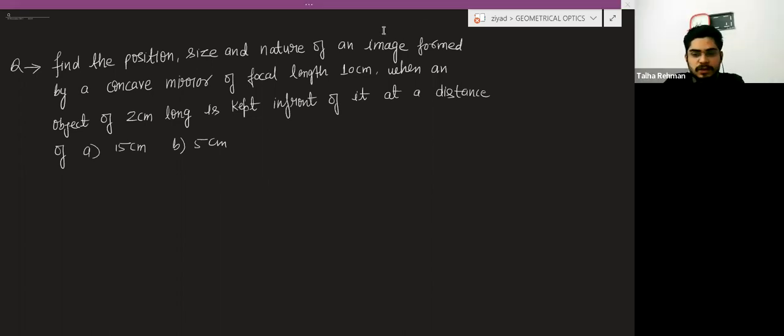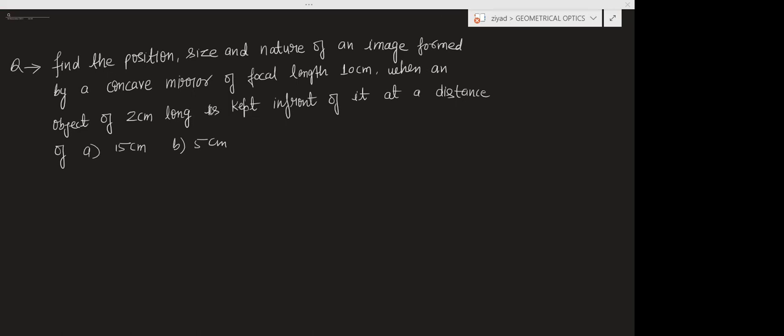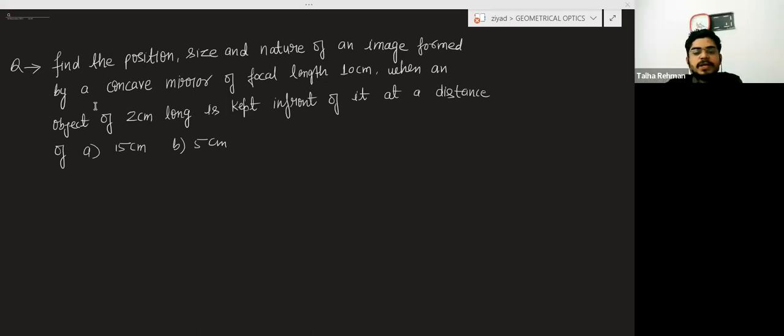Of an image formed by a concave mirror of focal length 10 centimeter, when an object of 2 centimeter length is kept in front of it at a distance of (a) 15 centimeter and (b) 5 centimeter. First the object is at a distance of 15 centimeter, and after that we place the object at a distance of 5 centimeter, and I have told you we will always measure the distance from the pole.